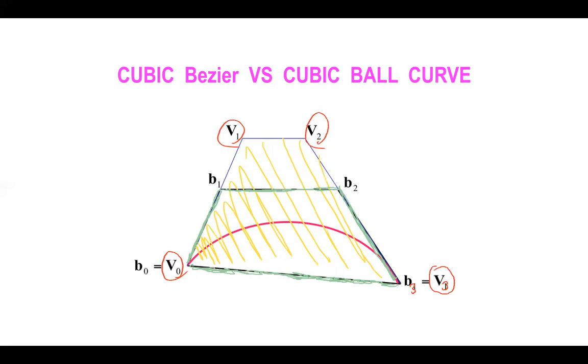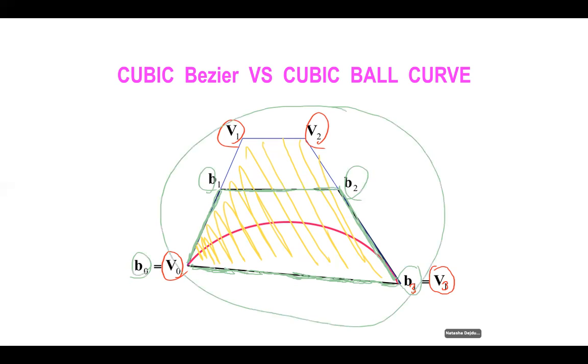So the Bezier curve lies inside the yellow one. Any point on the Bezier curve lies on the convex hull of ball curve. Okay, so you can see the conclusion.